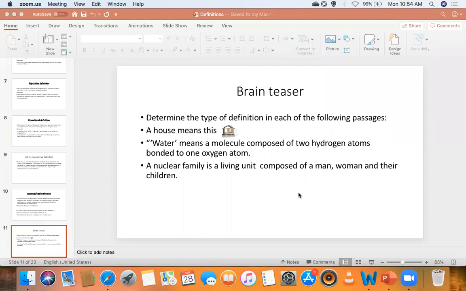For it to be a theoretical definition, it means that a certain discipline gave us the term water. But I'm thinking that the term water existed even before all the disciplines. So I think the term water is much older than the various disciplines.